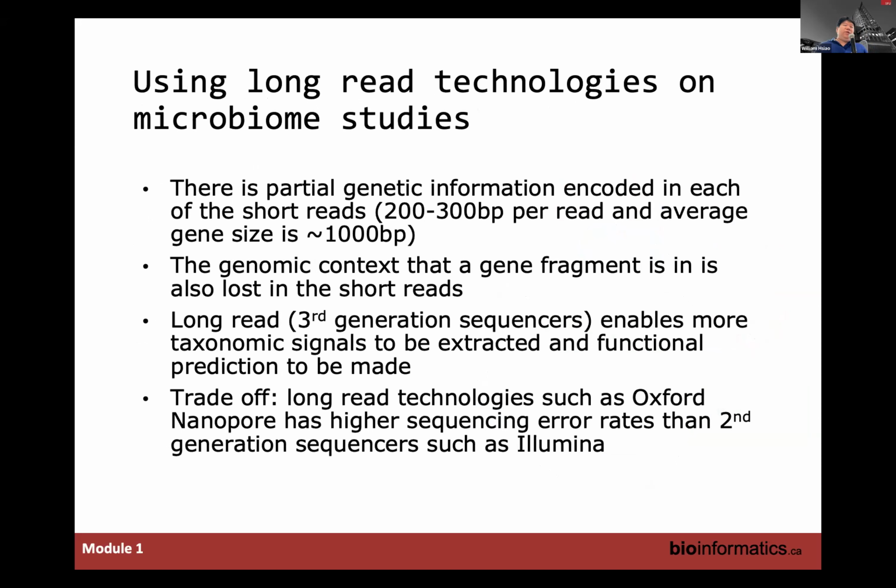So the long-read, so-called third-generation technology, has also become better and better. And as a result, we increasingly apply long-read sequencing technologies to samples to try to get the contextual information of a gene. As you know, if you chop up the genomes into small fragments and sequence on short-read sequencers, you need to assemble those reads in order to see what's adjacent to those genes.